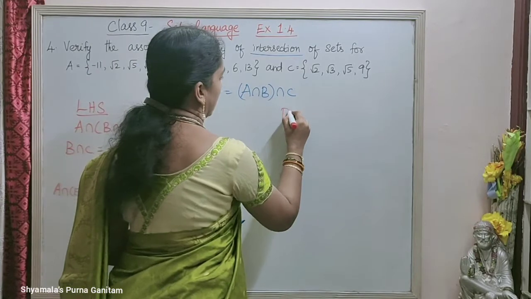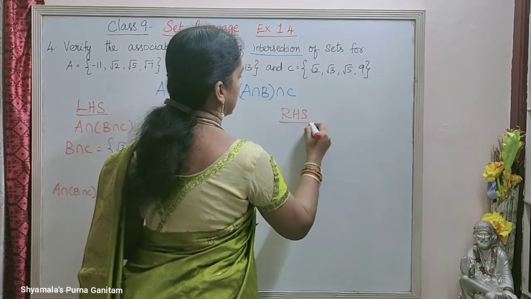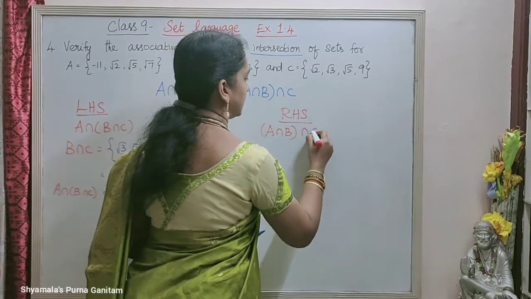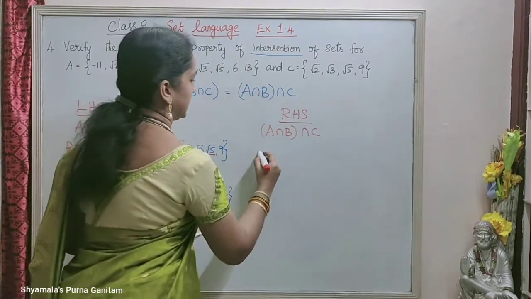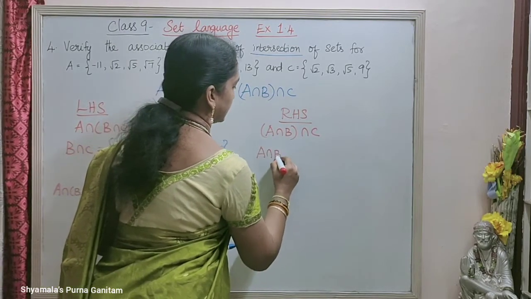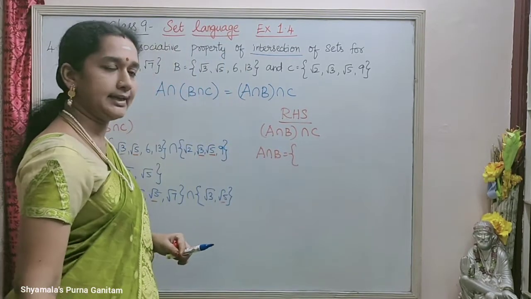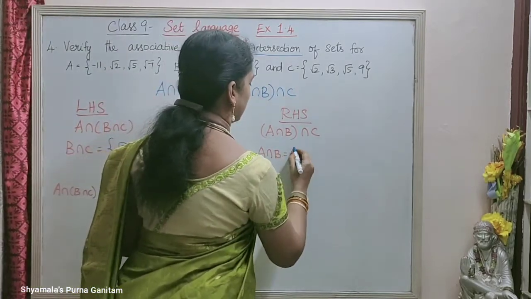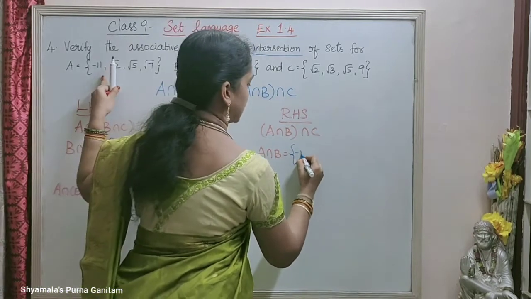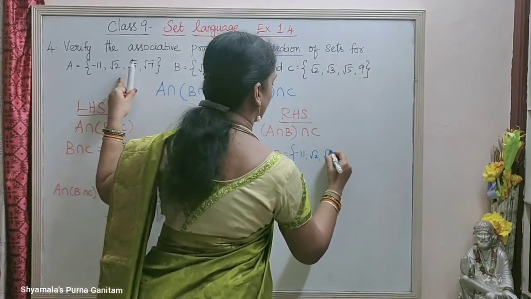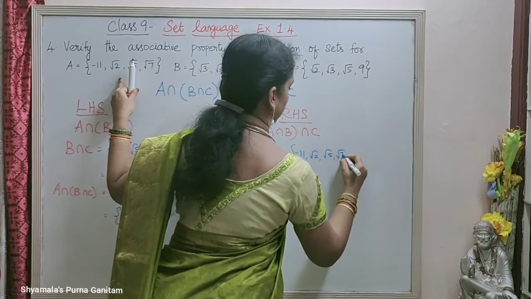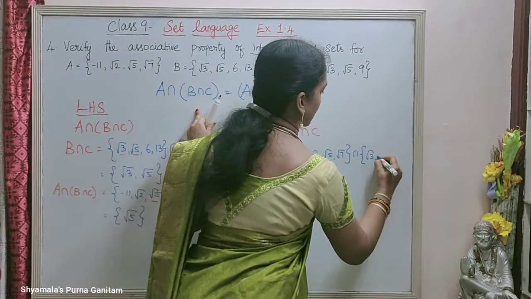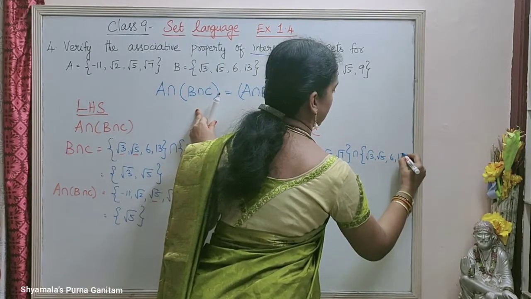Now we will find RHS. RHS is (A intersection B) intersection C. First, A intersection B: set A is {minus 11, root 2, root 5, root 7}, intersection set B is {root 3, root 5, 6, 13}.